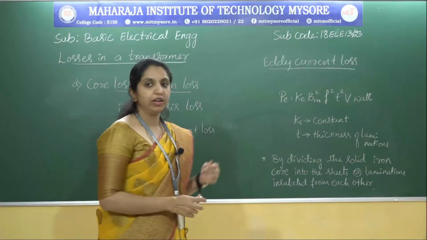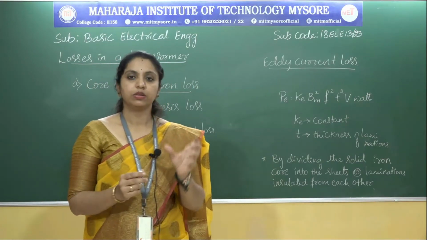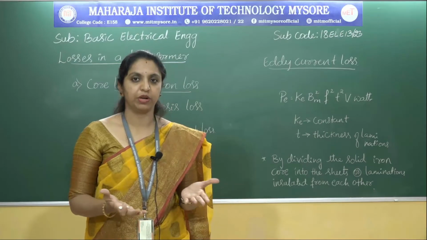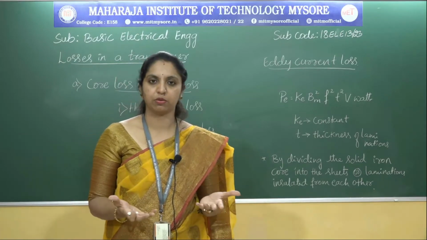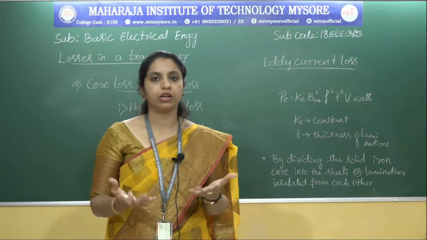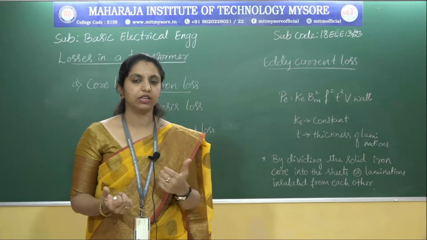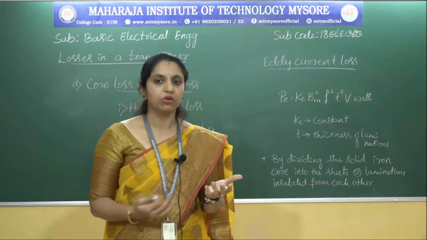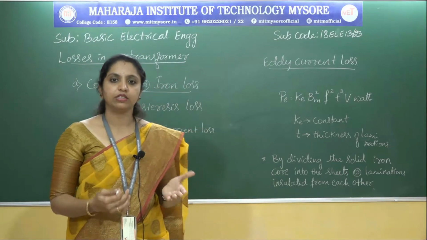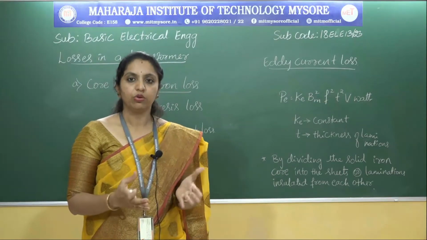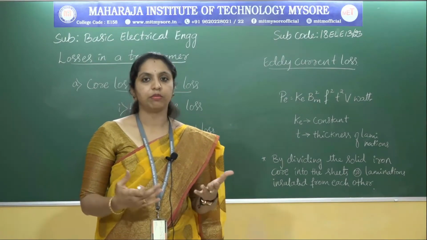Next we have eddy current loss. Here the meaning of eddy is circular movement. We know that ferromagnetic materials are good conductors, isn't it? Therefore eddy current circulates within the core due to the alternating magnetic flux.